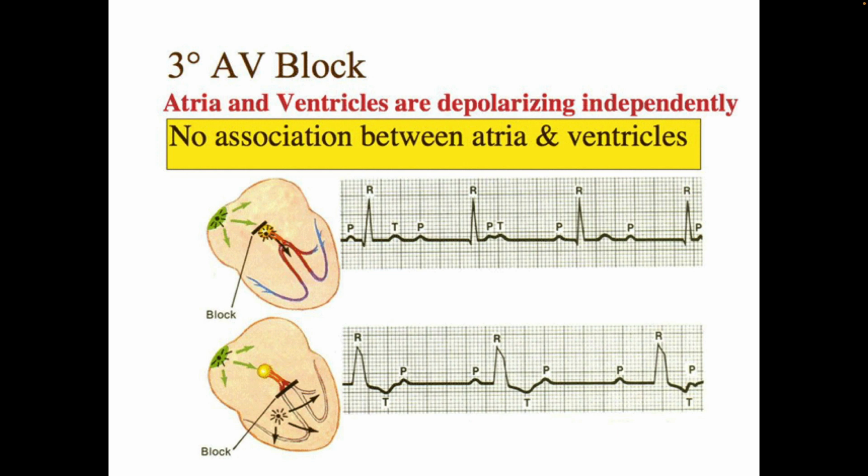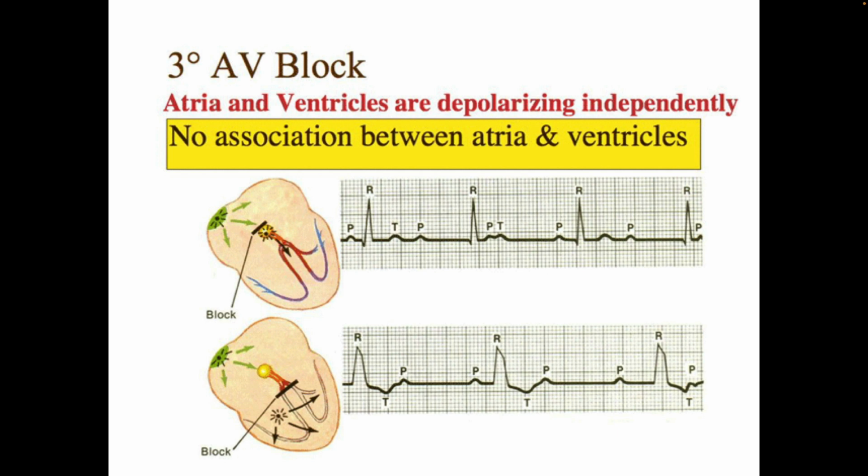And in that case, what you're going to have is a narrow QRS and probably a little bit faster of a ventricular rate, because this is a junctional escape rhythm, and everything you know about junctional escape rhythms will apply, meaning it's narrow as long as there's not an IVCD, and the intrinsic rate is 60 to 100.